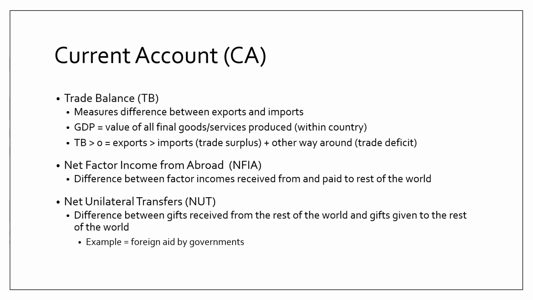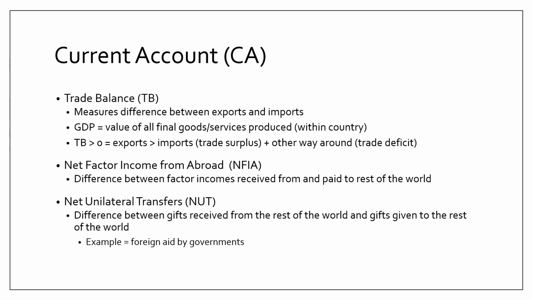The trade balance measures the difference between exports of goods and services and imports of goods and services. Examples of internationally traded goods are textiles, oil, and cars. Examples of internationally traded services are education, medical care, and consulting.